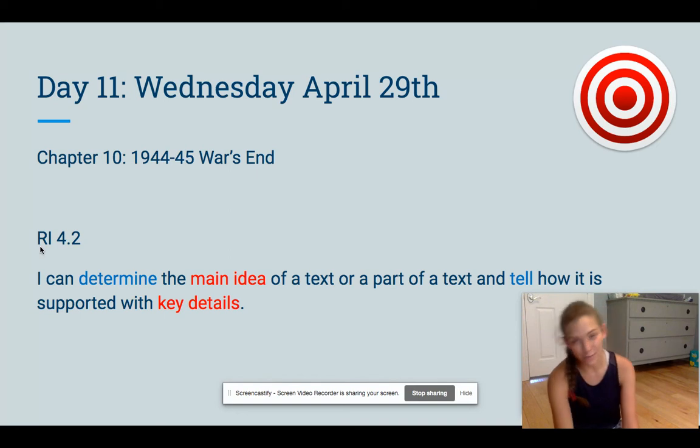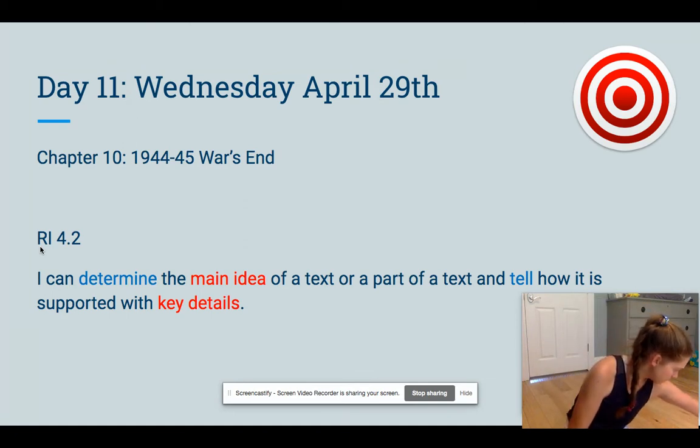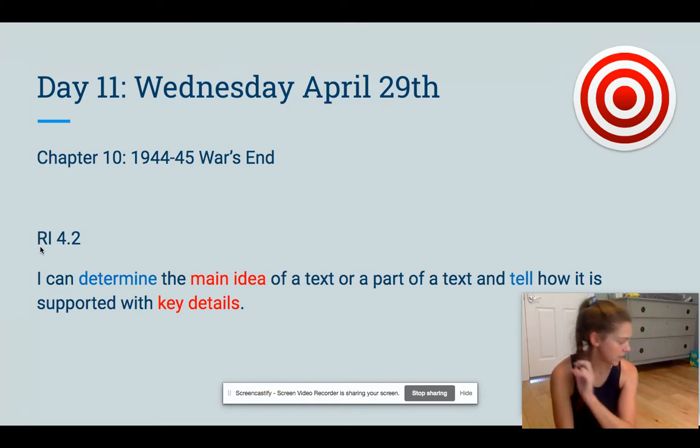The I stands for informational, and that's the type of text that we're going to read through. The 4 is for 4th grade. And the 2 is for the second informational standard in 4th grade, and that is main idea that we're going to read through.